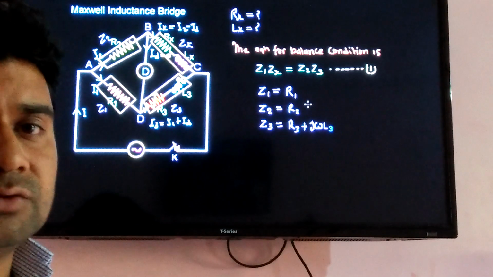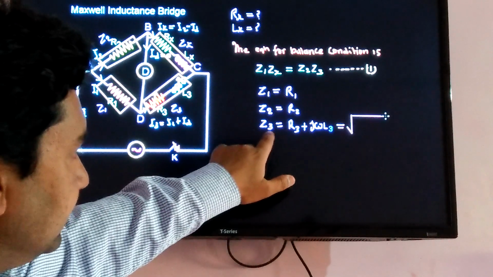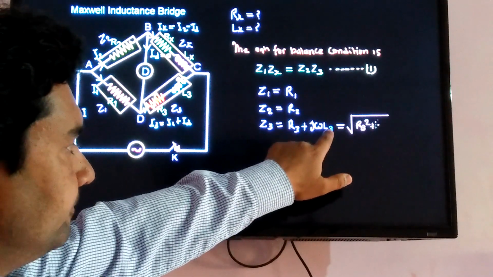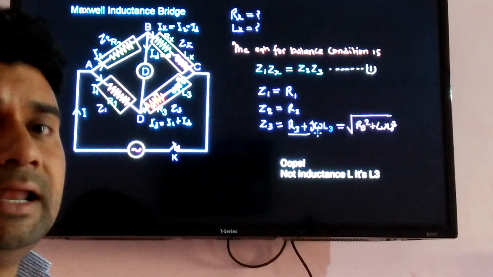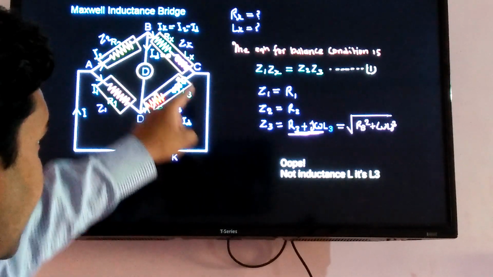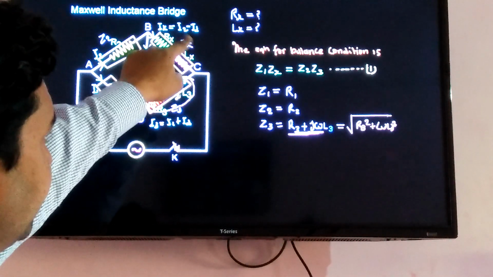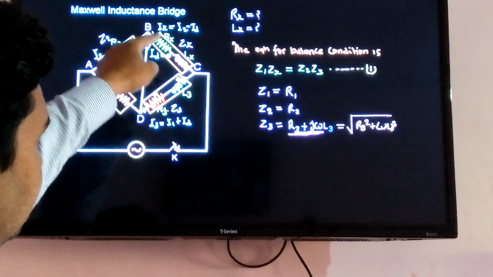But in case we only take the value of Z3, it is equal to R3 plus j omega L3. Similarly, we can find the value of Zx, the impedance across Rx and Lx.